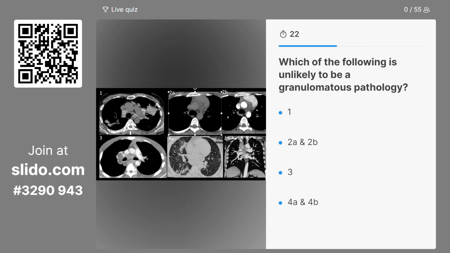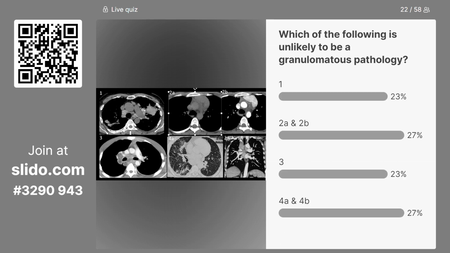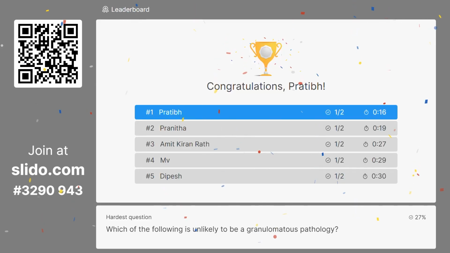Which of the following is unlikely to be a granulomatous pathology? All of them have lymph nodes in association with a lung disease as well. So you have 2 more minutes. It's a split poll. Congratulations to the winners.